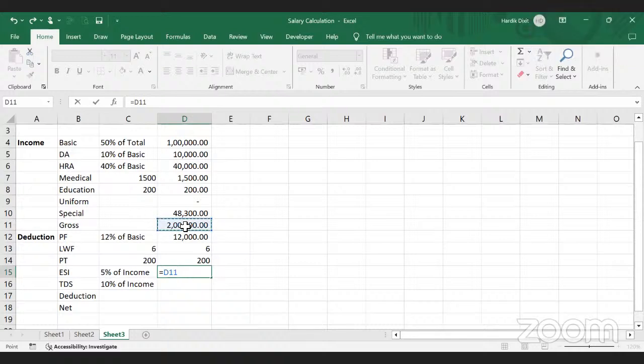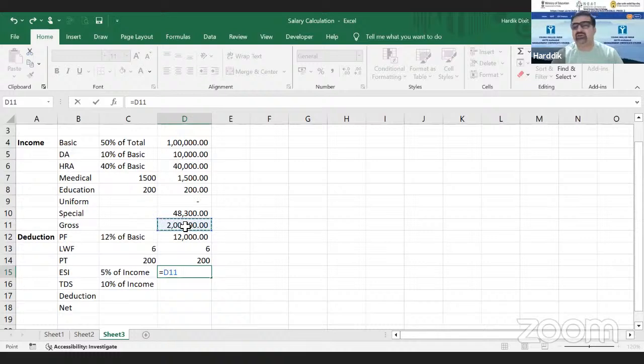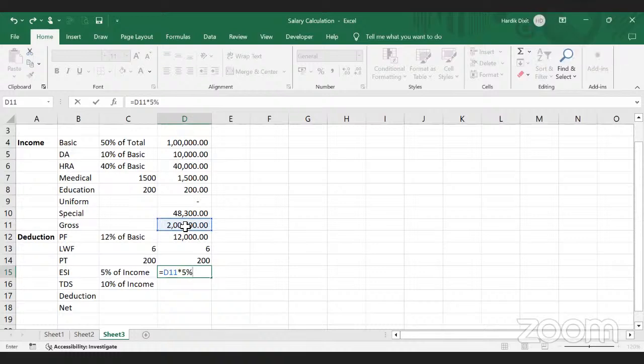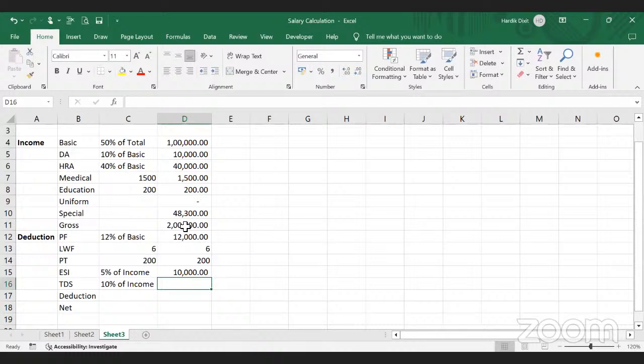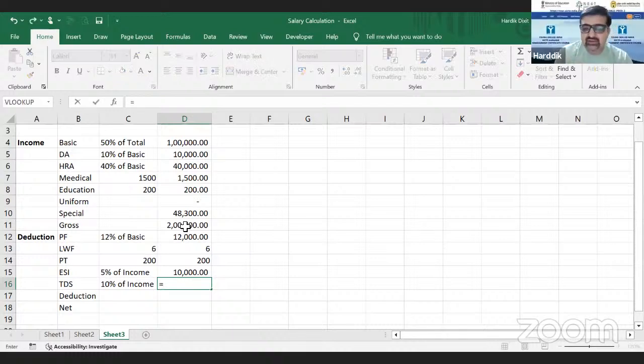ऊपर हमने लिखा है 12% ऑफ बेसिक, हियर वी हैव मेंशन 5% ऑफ इनकम इनटू 5%. Alright. Similarly, TDS also I'm saying 10% on the total income. So 10% of total income.